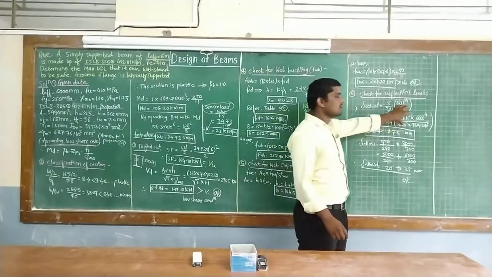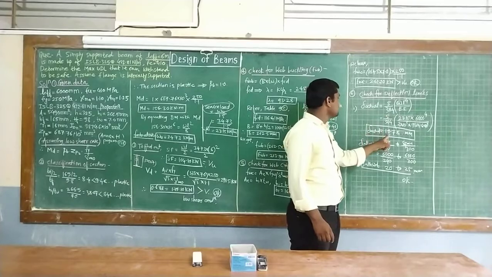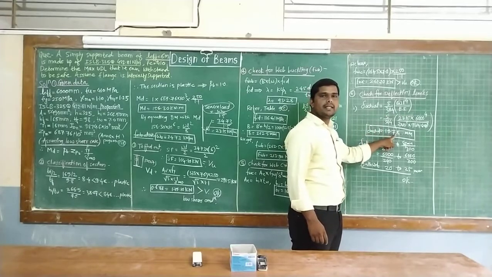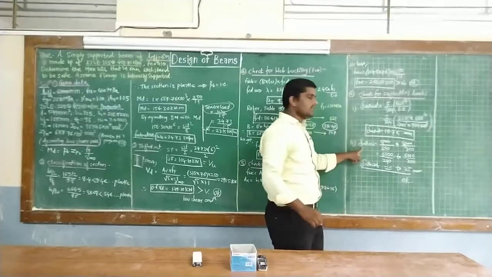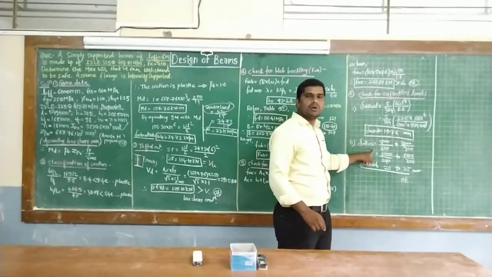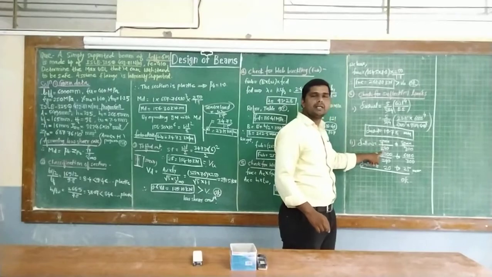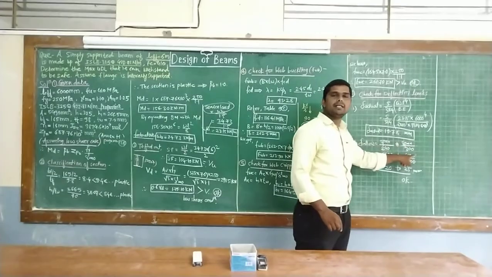So by substituting all values, the actual deflection will be 19.78 mm, and we are going to check it against the allowed deflection. Span divided by 242, span divided by 300.